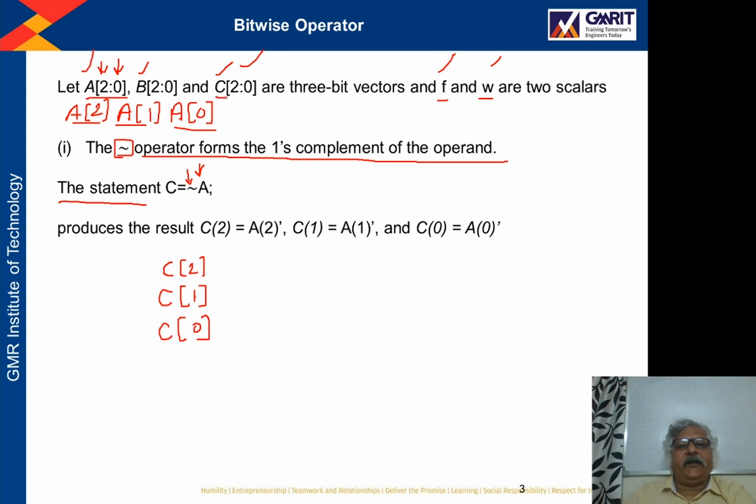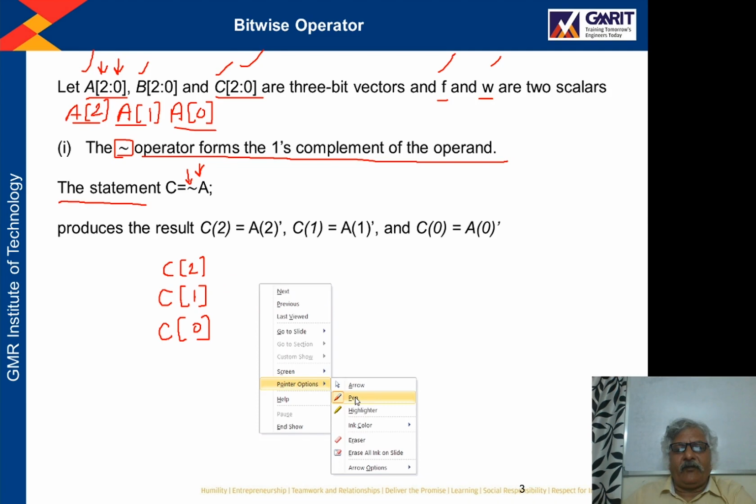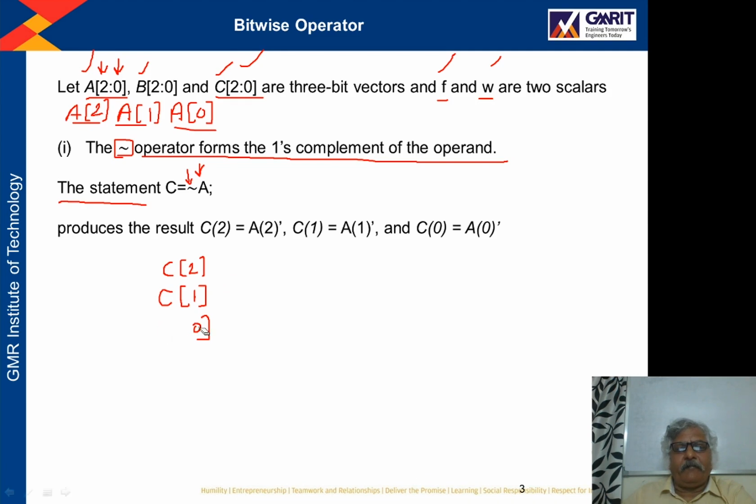Since C is created in this way, C[2:0], these are 3-bit numbers, so you can easily understand this.